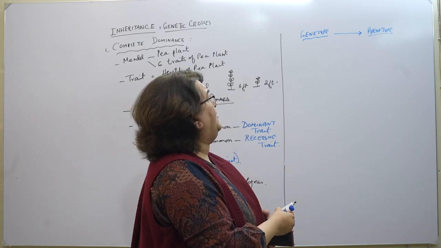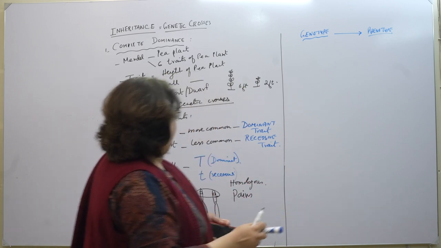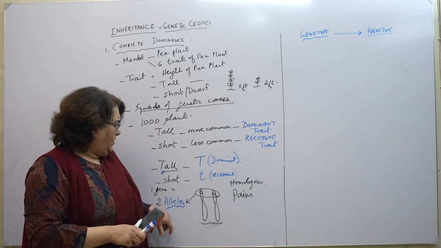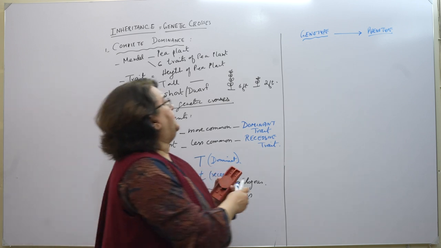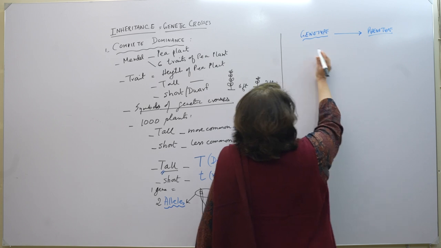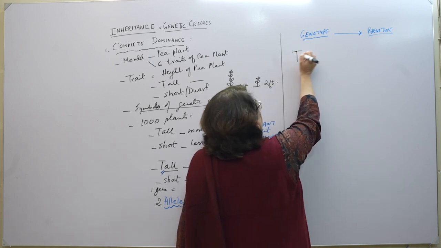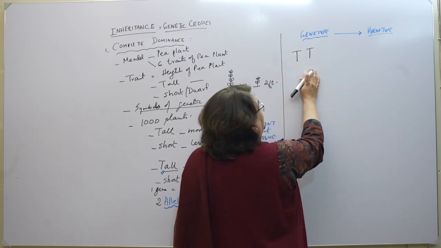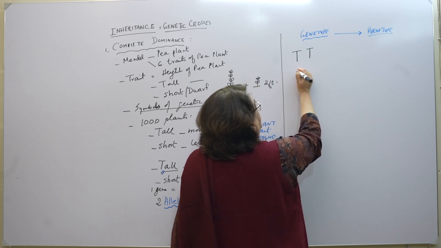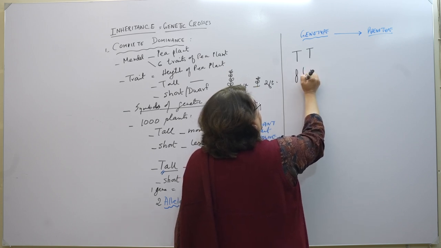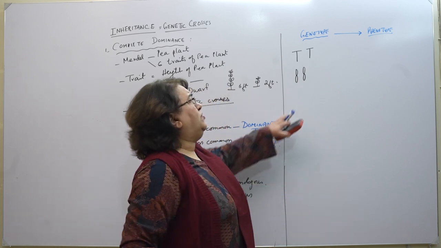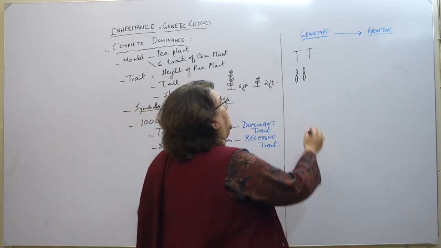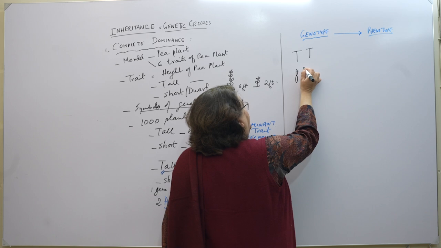Now, what are the possible genotypes? When we write down the genotypes, we put down both the alleles together. The genotype could be capital T and capital T together, and to understand that, you can make a diagram and see the genes that are going to come in the homologous chromosomes, for example, from this side and from this side.